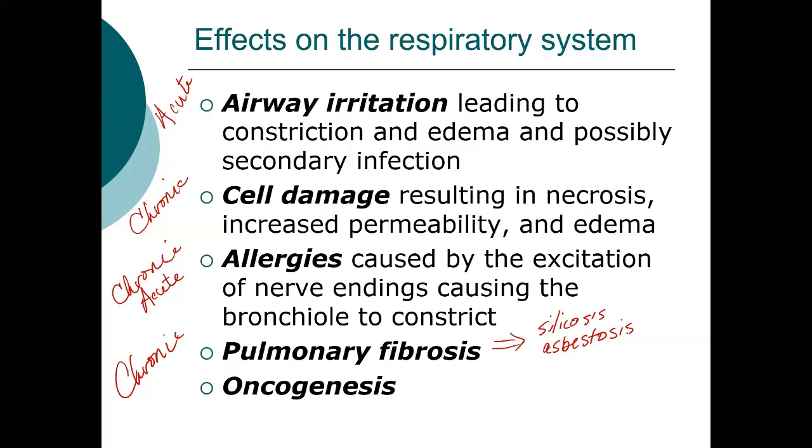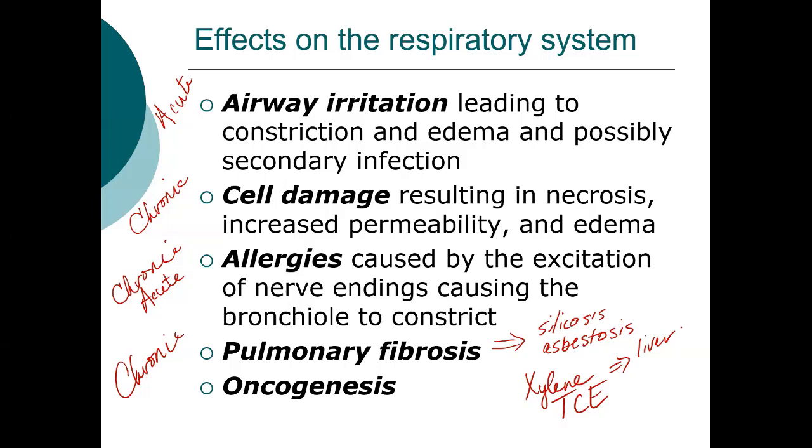Oncogenesis is the result of changes in DNA resulting in cancer. So, for example, xylene, trichloroethylene, both are insoluble chemicals. The target organ is the liver, and chronic exposure to these chemicals can result in liver cancer.